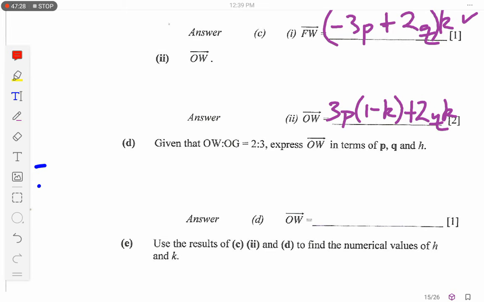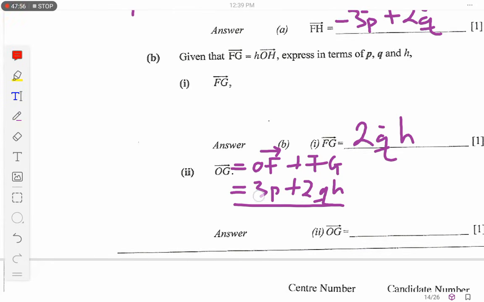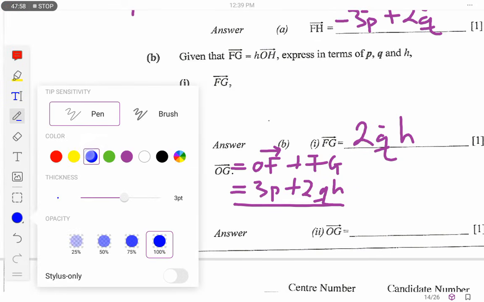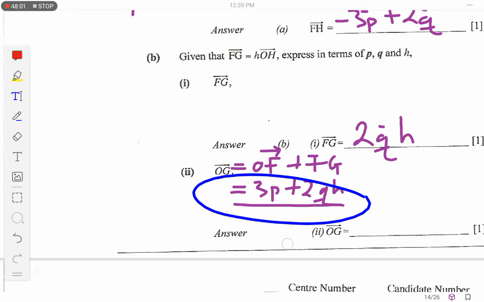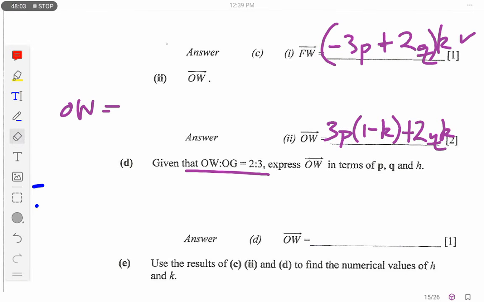To get OW, it is going to be equal to the ratio with relation to OG. We calculated our OG as 3P plus 6Q.